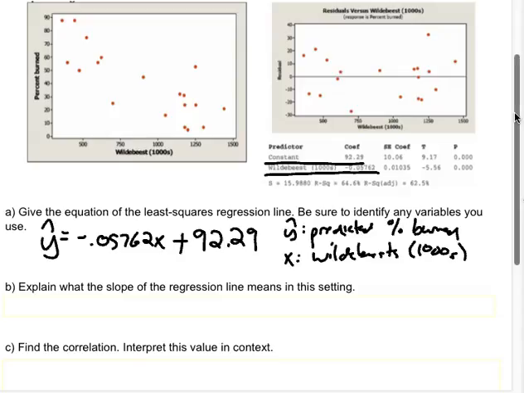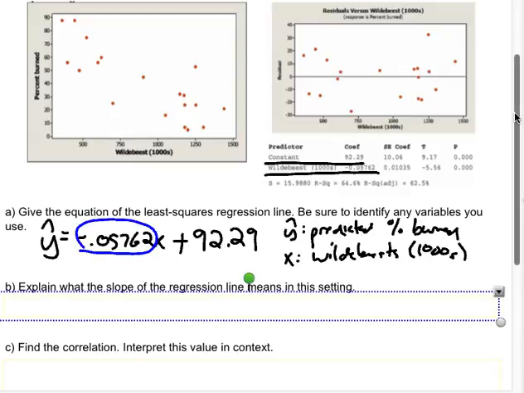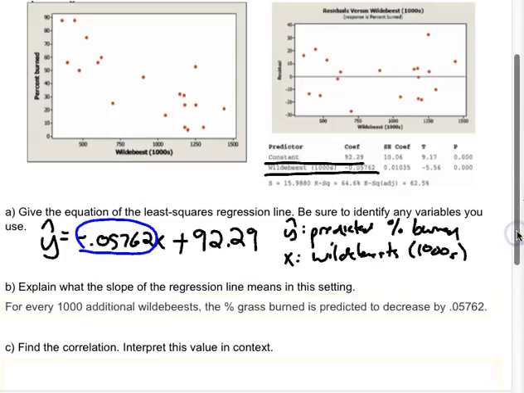All right, so let's talk about slope. What does the slope of this regression line mean? Again, slope being the value with the x. So what is a good interpretation for it? So for every 1,000 additional wildebeest. Now, why am I doing 1,000? Well, because when x increases by 1, the wildebeest are being counted in thousands, okay?